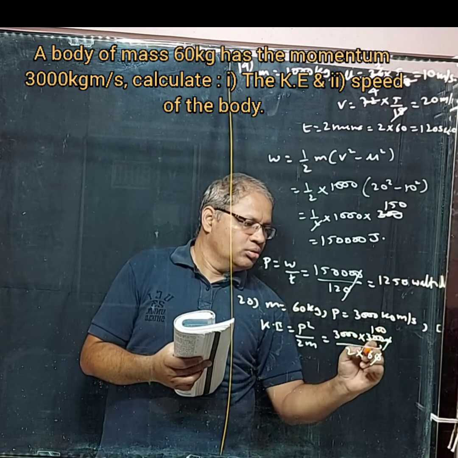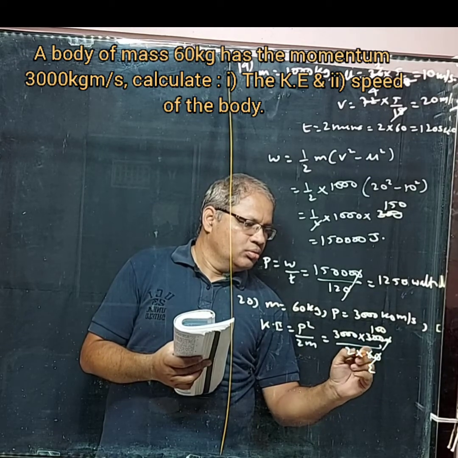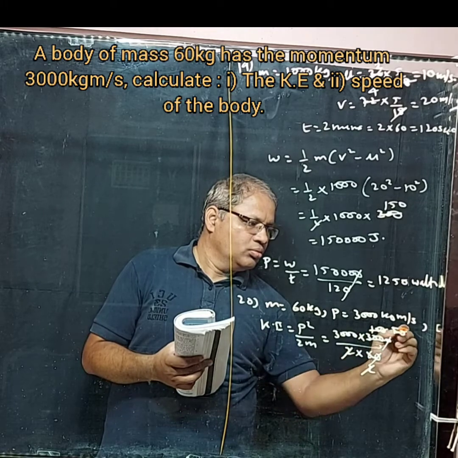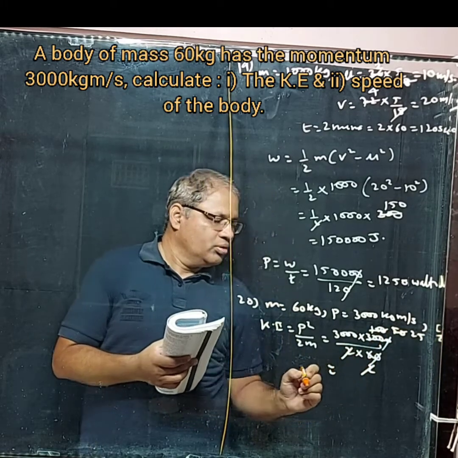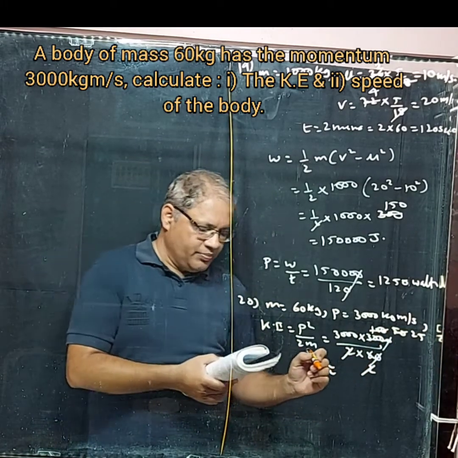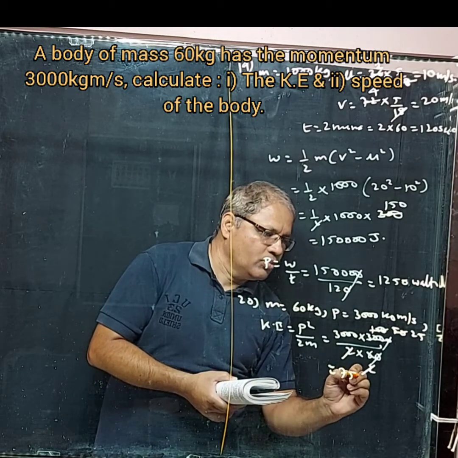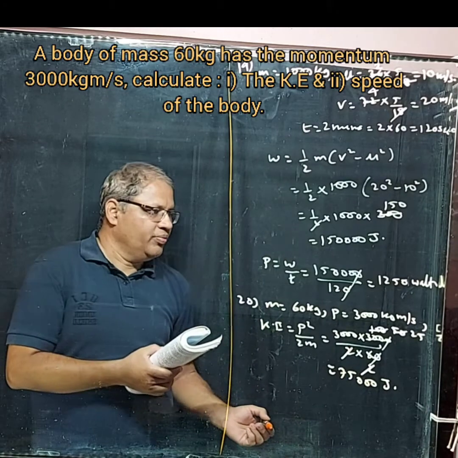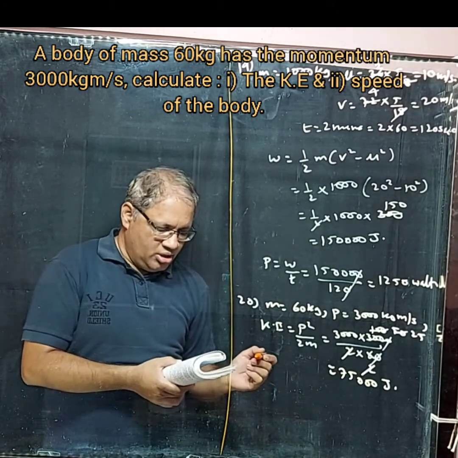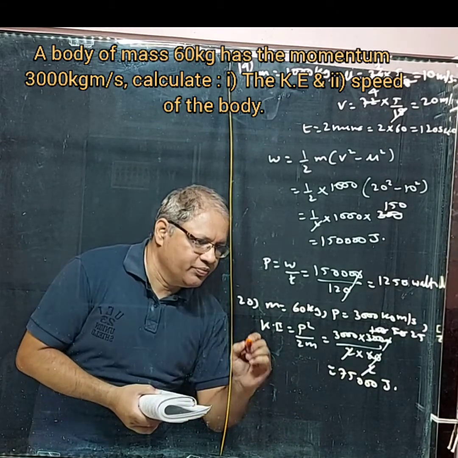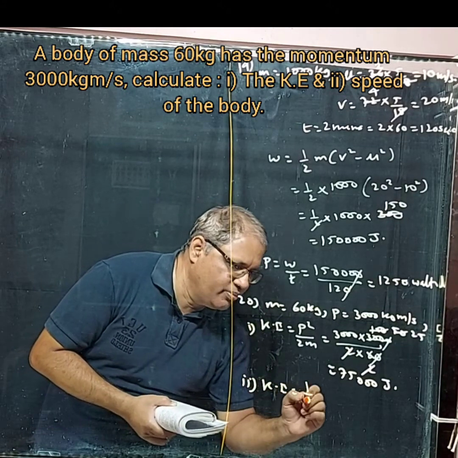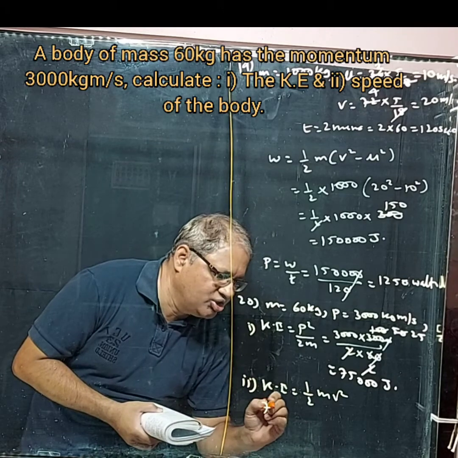So 75000 joules. Okay. Then they are asking speed of the body. So for speed you use kinetic energy formula half mv square. Kinetic energy you already know.